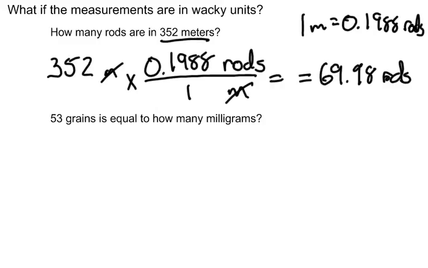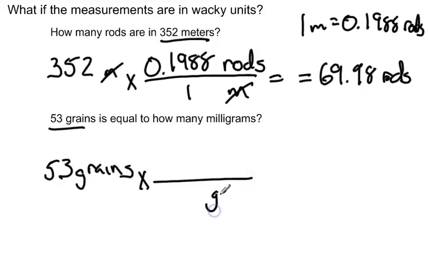Now you can see that the pattern is all the same. Now we set this at 53 grains. I don't know what the abbreviation for grains is, so I'm going to write it all out. We X line. We're going to put grains on the bottom and milligrams on the top.